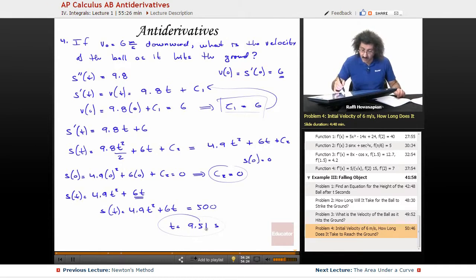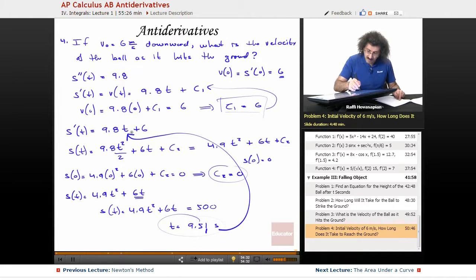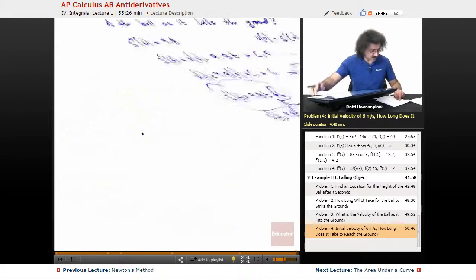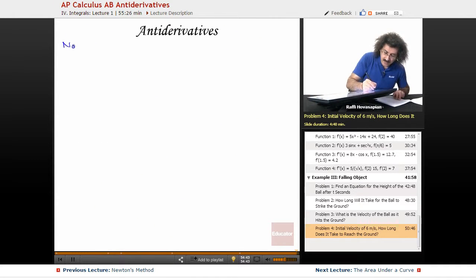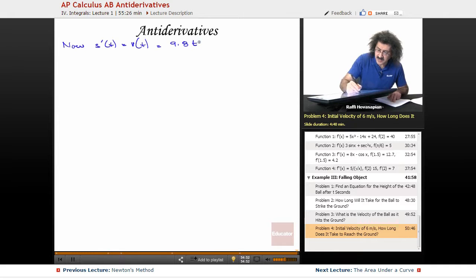This 9.51 is now what I actually am going to put into my new velocity function, which includes this extra term for the initial velocity. So now s prime of t, which is my velocity function, is equal to 9.8t plus 6.